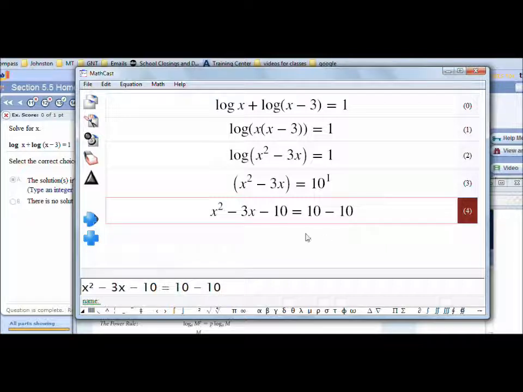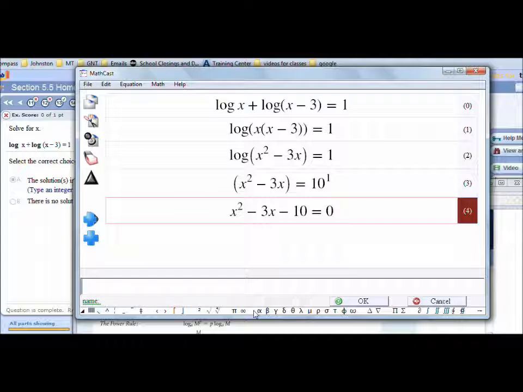I'm not showing all the steps here because you'll be able to rewind it and look at this if you want. Plus it also makes this part go a little faster. Whoa, look at that. And then you factor this. And you're going to factor it to, let's see, x minus 5, x plus 2. Okay.